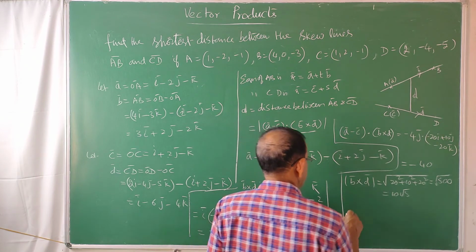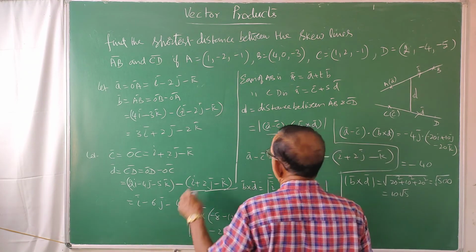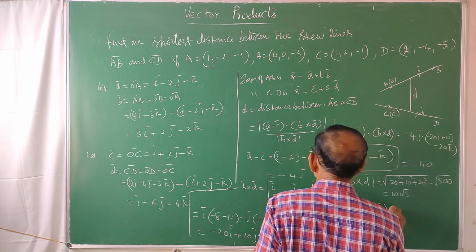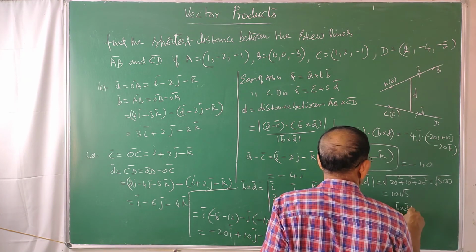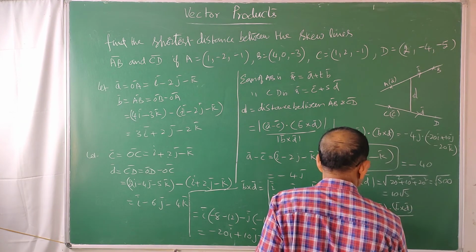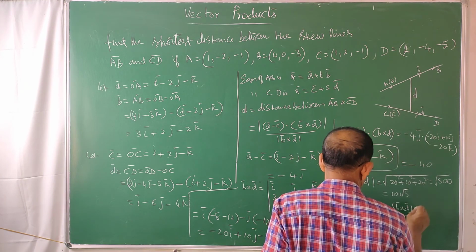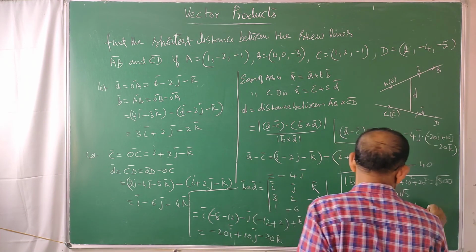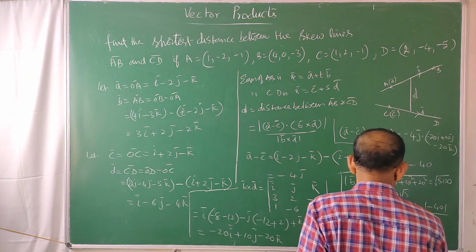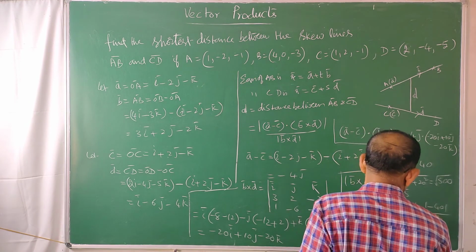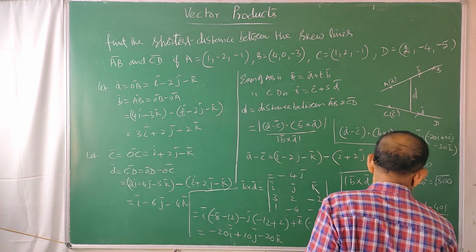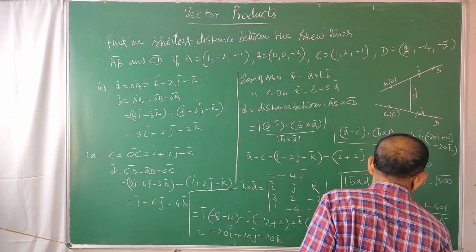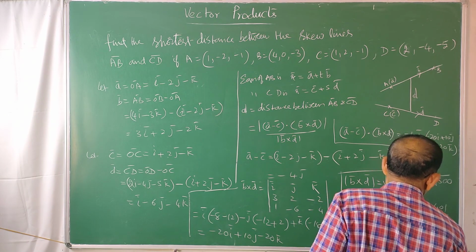Now distance D is equal to the modulus of A bar minus C bar dot B bar cross D bar, by the modulus of B bar cross D bar. That is minus 40 by 10 root 5, so 4 by root 5 units.